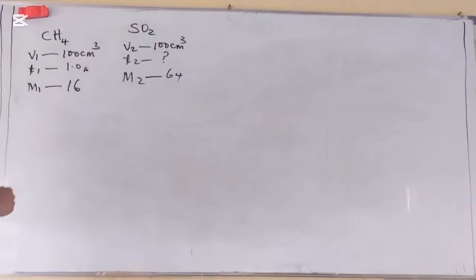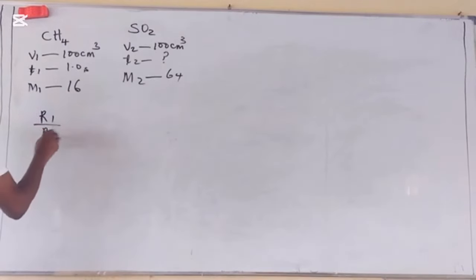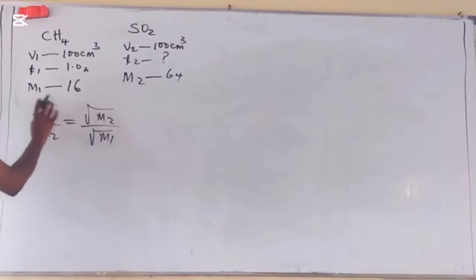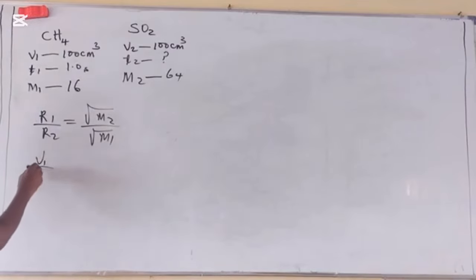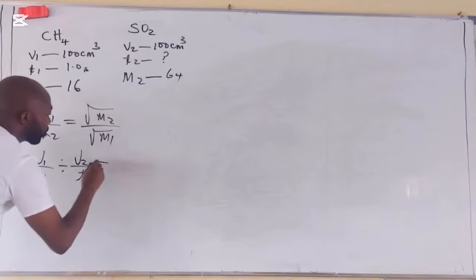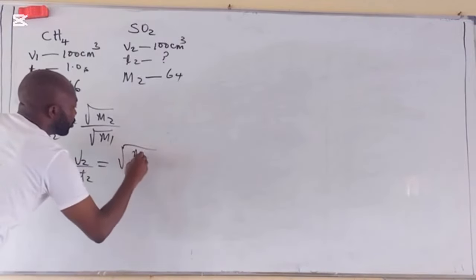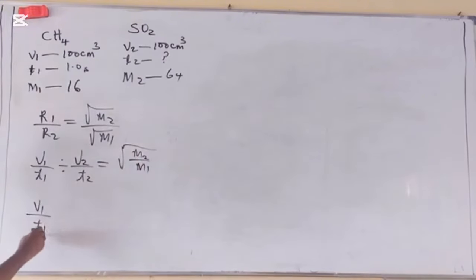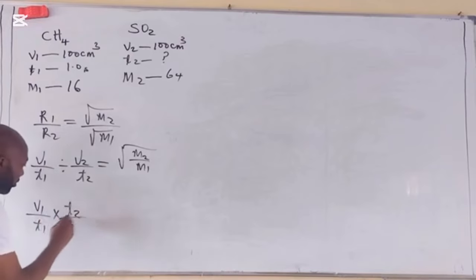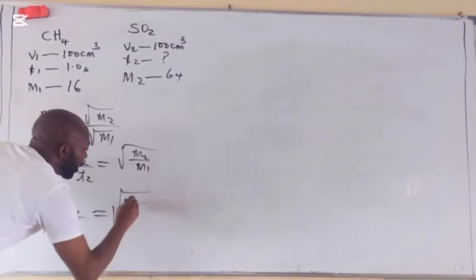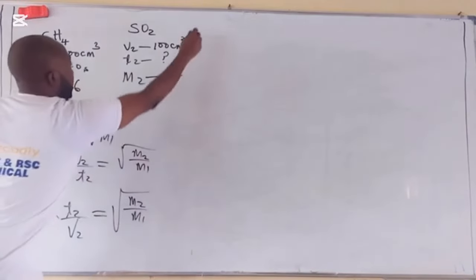Following our formula for rate of diffusion, R1 over R2 is equal to the root of M2 over the root of M1. R1 is V1 over T1, divided by V2 over T2, equal to the root of M2 over M1. So V1 over T1 times T2 over V2 is equal to the root of M2 over M1. Let's move over.